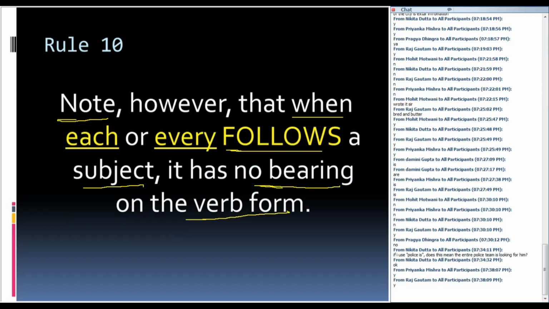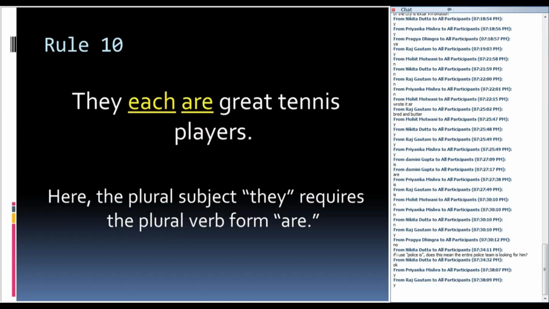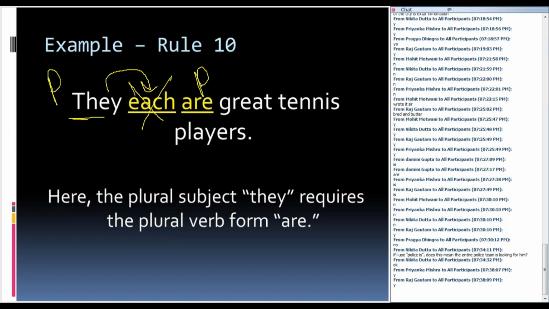They have to precede the subject, not follow. You can see, they each. After the word they you have each. So it has no impact. They is plural, that is why you use a plural verb. They each are great tennis players. Did you get this? Rule number 10.